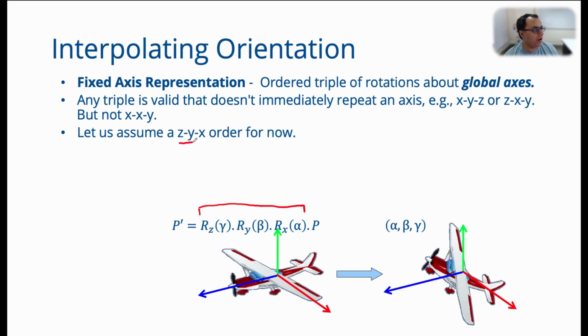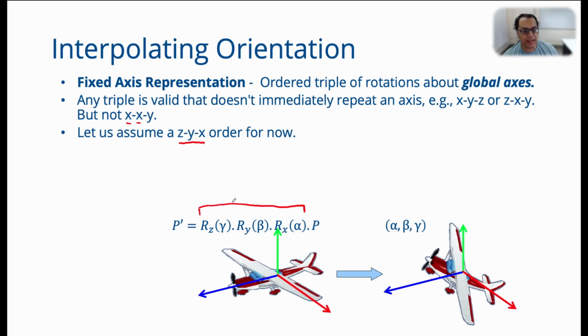So any ordered triplet like x, y, z, or x, y, x and so on is valid, except that you cannot repeat the same axis twice consecutively, because in this case these are just two numbers and not three, because the rotations in x and x will become just one rotation in x.